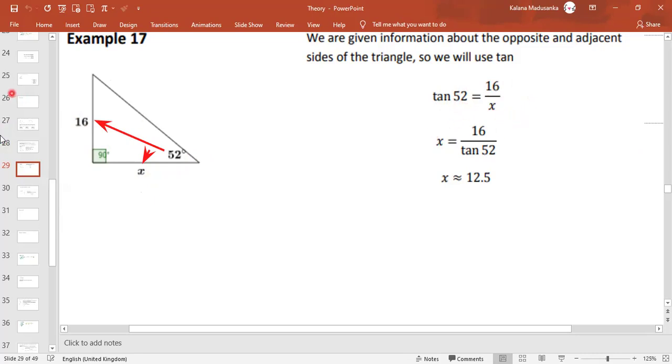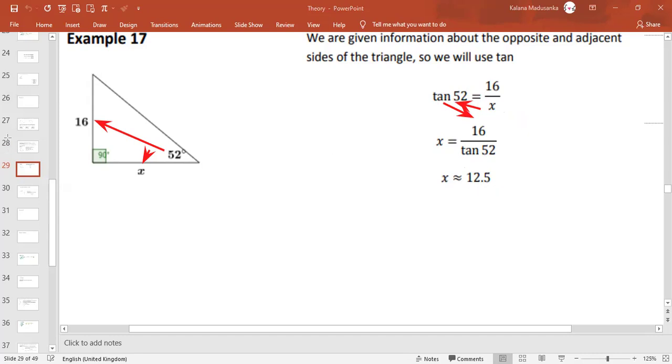And here is also one simple solving method. You can take this x to the tan 52 side, and you can transfer that tan 52 to the other side. That is one easy solving method. So x is nearly equal to 12.5.